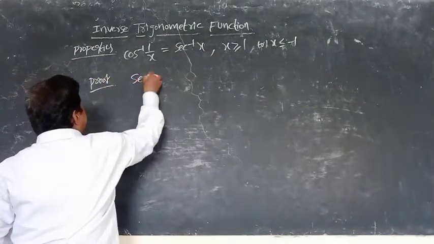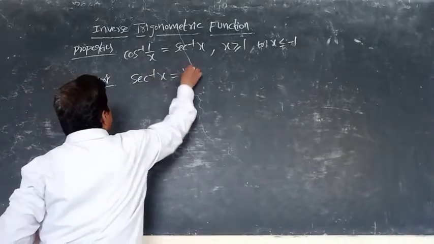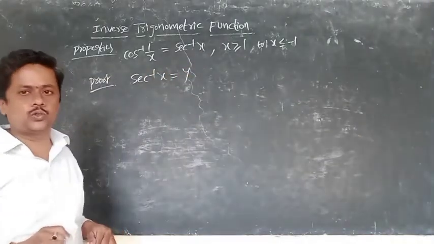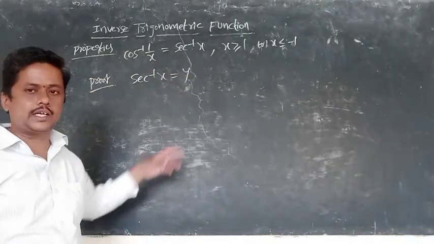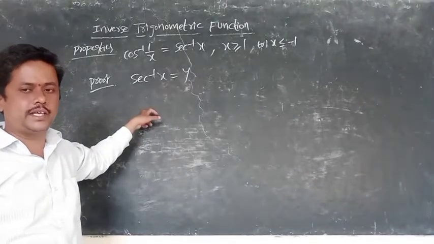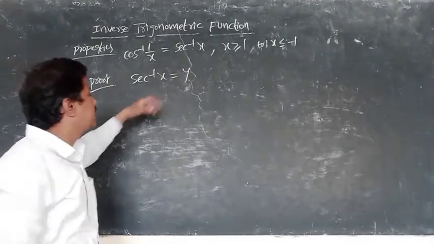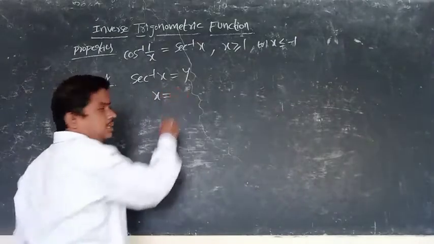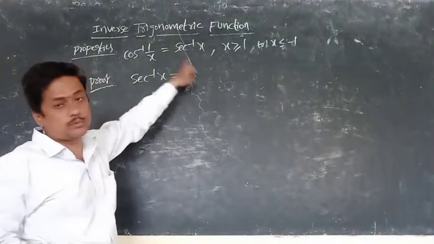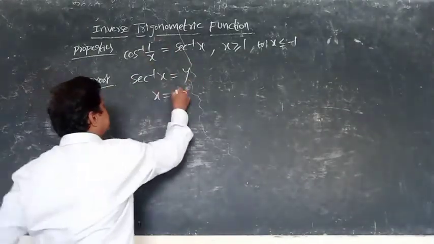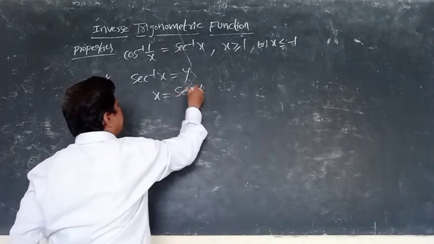Secant inverse x is equal to y. According to the definition of the secant inverse, x is equal to secant y.